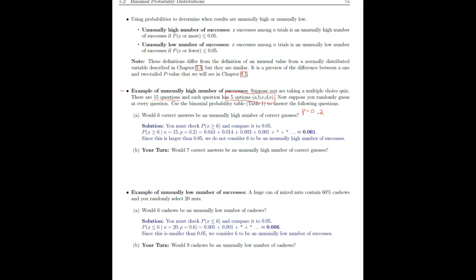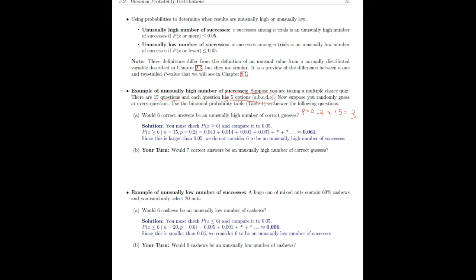There are 15 questions, so you'd expect to get 20% of them right. You take that 20% times 15, and you would expect on average to get 3 questions right. If you think that you would get more than 3 right, then I think you are a little bit overly arrogant about your own abilities.